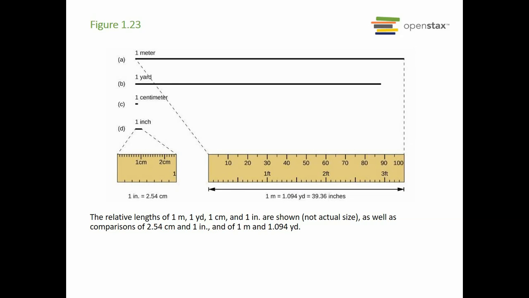So, the relevant number to get out of this is 2.54 centimeters to 1 inch. That they are the same, and 1 meter is almost 1.1 yards, 10% greater than a yard.